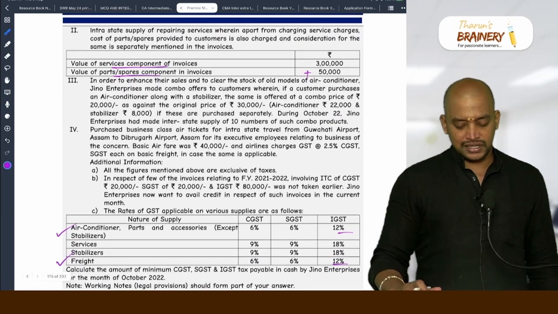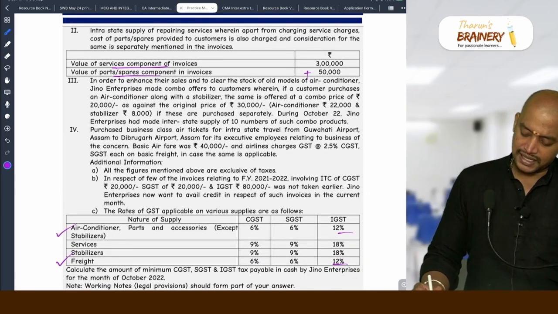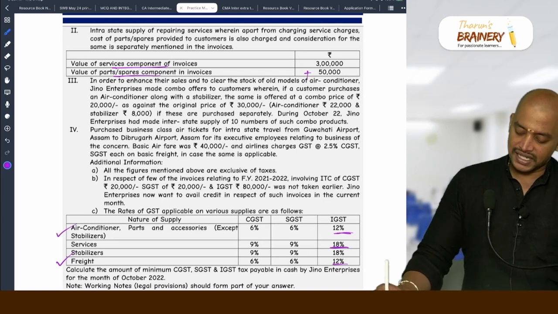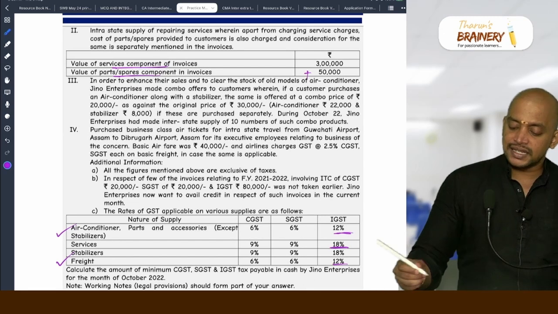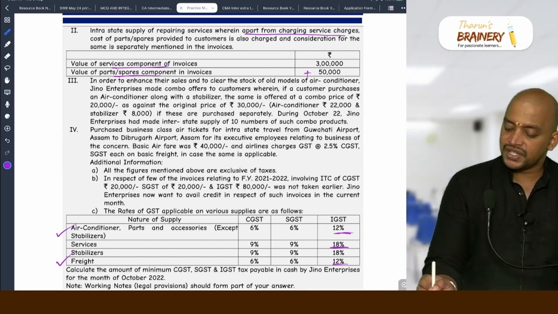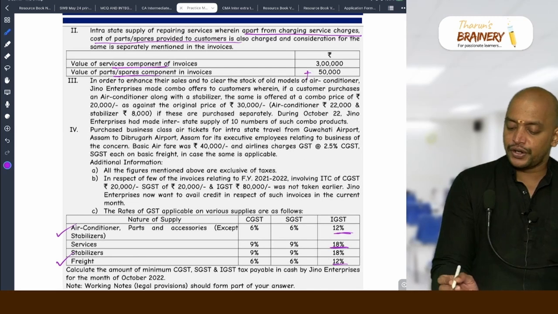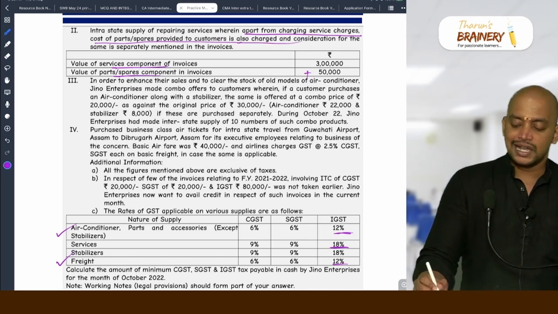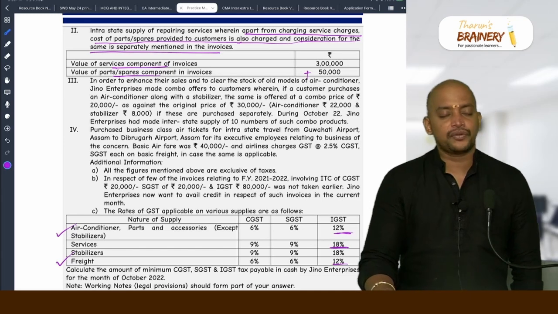Now what about this? Composite or not? Because parts and accessories 12%, service is 18%. What is your answer? Repairing service, wherein apart from charging service charges, cost of parts or spares provided to customer is also charged, and the consideration for the same is separately mentioned in invoice.